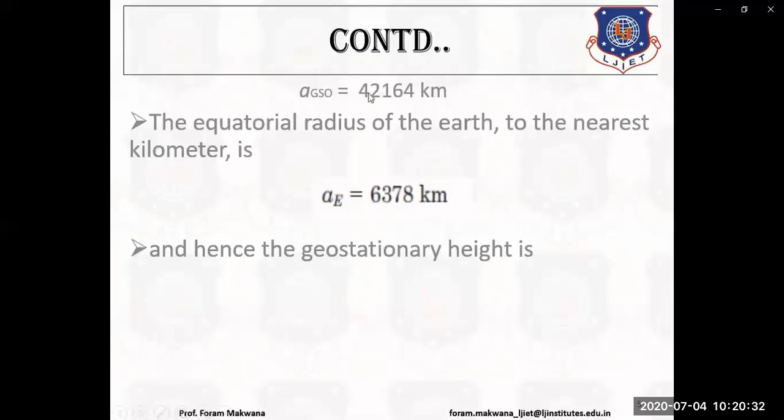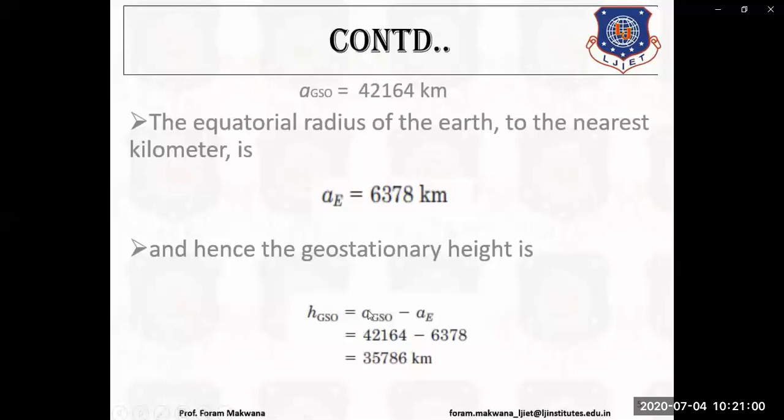Based on these values, the radius of the geostationary orbit and the radius of Earth, we will get the height of the geostationary orbit. How? By using this formula: height of geostationary orbit is equal to radius of geostationary orbit minus radius of Earth.